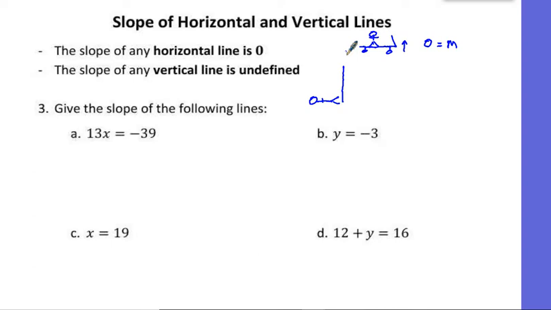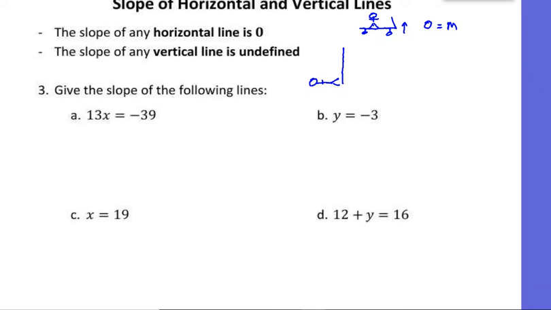As we look at these next examples here, where you're asked to find the slope, you will see how, in the algebra, similar to that earlier video looking at slopes, things will come together for us here. We divide 13x by 13 and negative 39 by 13 to get x by itself. X equals negative 3.